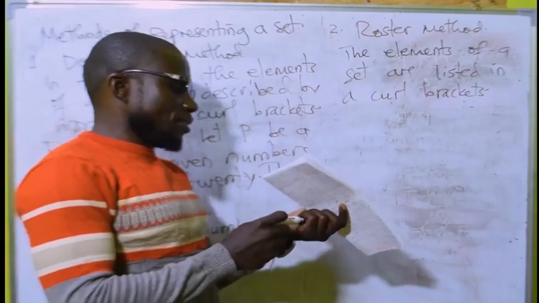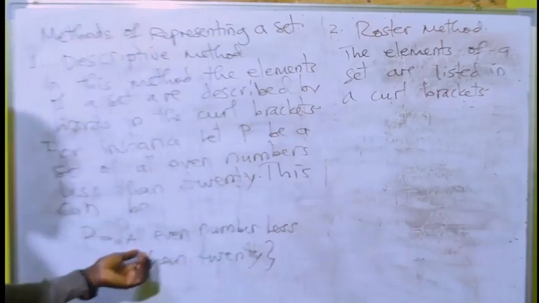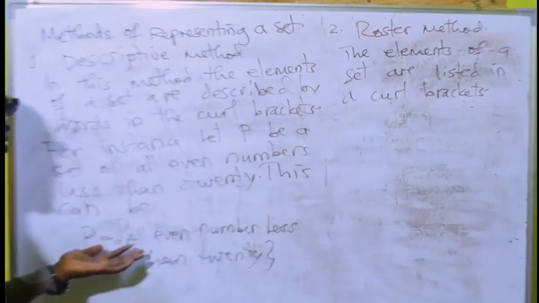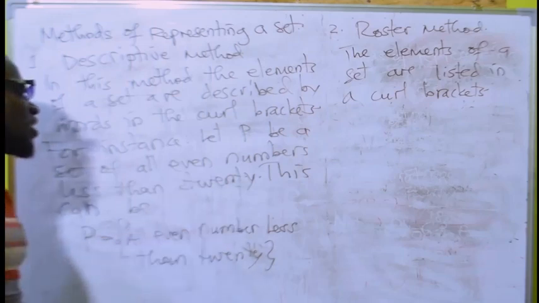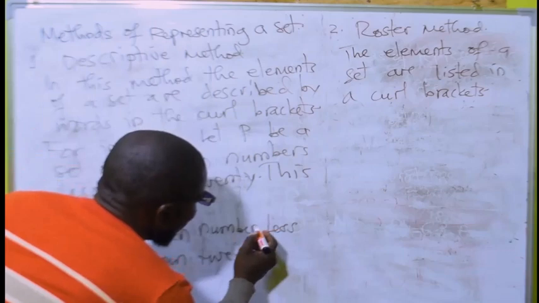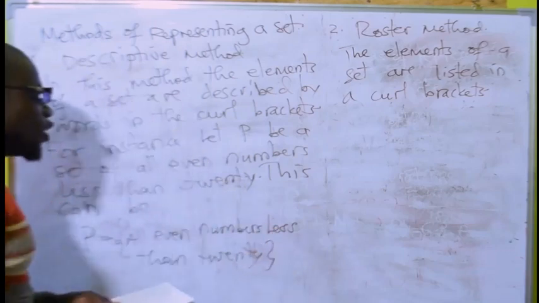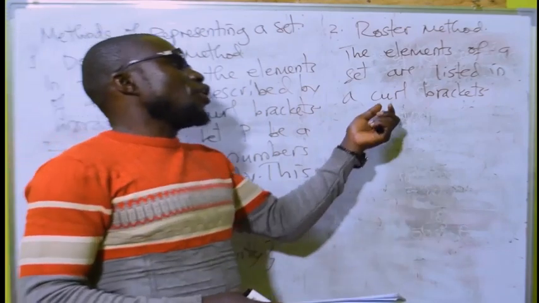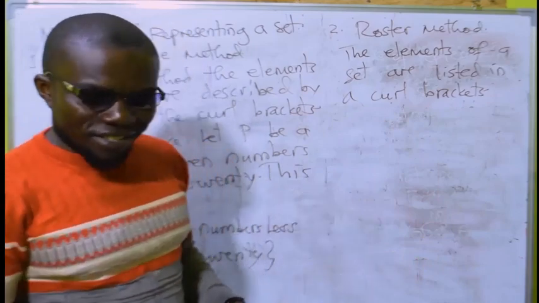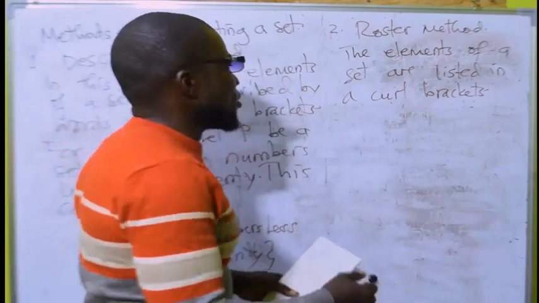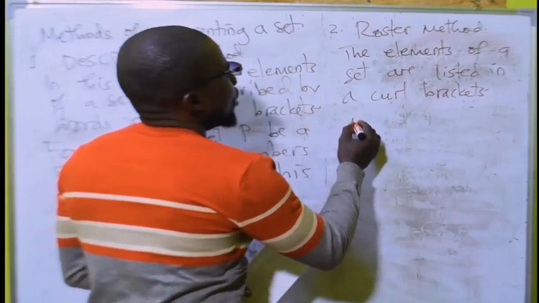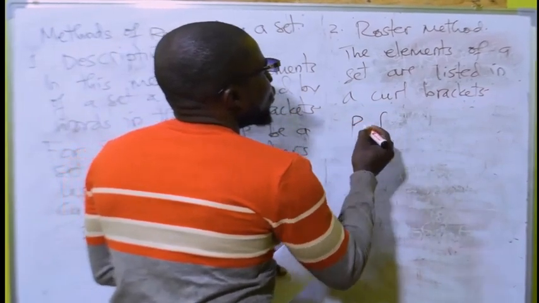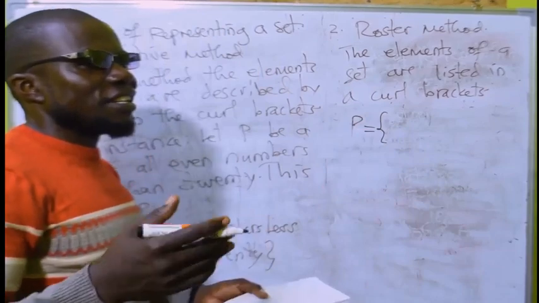For instance, can you see this? Instead of writing this sentence, all even numbers less than 20, you can list those numbers. By considering the same example, let's say P now will be equal to the even numbers less than 20.